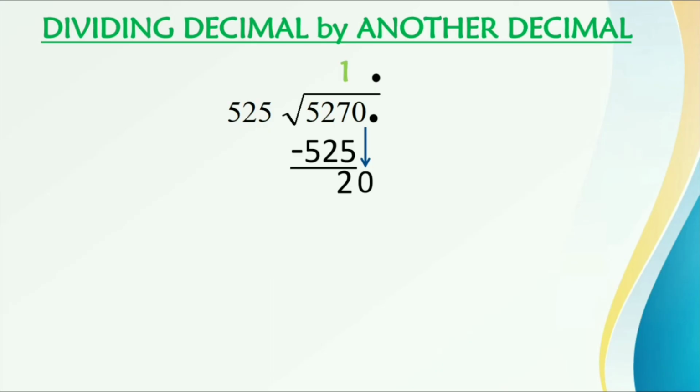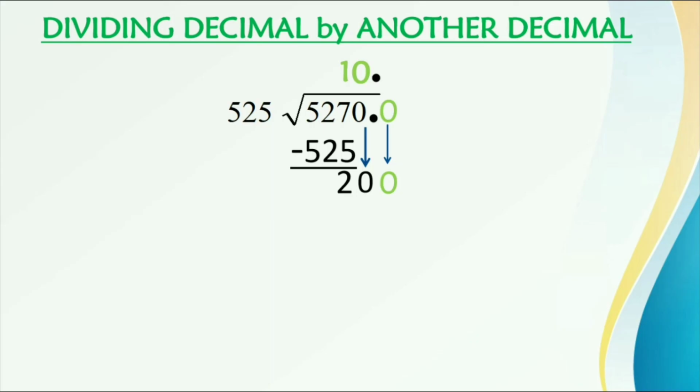Since nag-bring down tayo pero hindi pa rin natin pwedeng i-divide yung 20 sa 525, maglalagay tayo ng 0 sa ating quotient. Okay, so since hindi pa rin natin pwedeng i-divide yung 20 sa 525, mag-add ulit tayo ng 0 after ng decimal point. So, bring down natin siya. So, we have now dividend na 200.